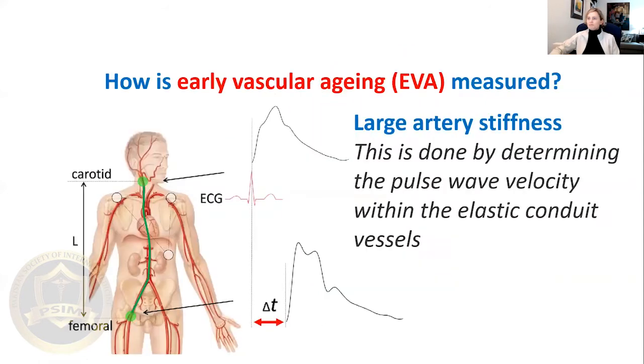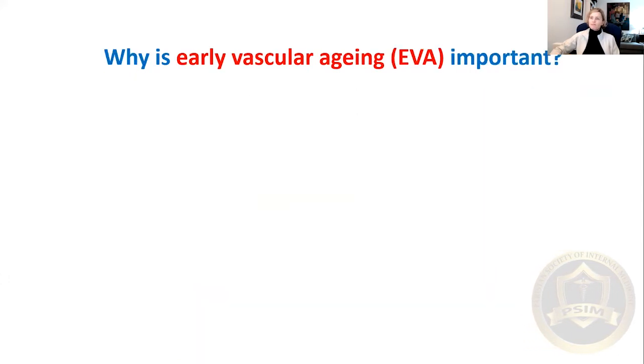In research terms, arterial stiffness is often measured with pulse wave velocity. As I said before, it's mainly the large aortic vessels that are impacted most, because the muscular arteries are not as elastic. It's the changes in the elasticity of the aorta that have a major impact on cardiovascular outcome.